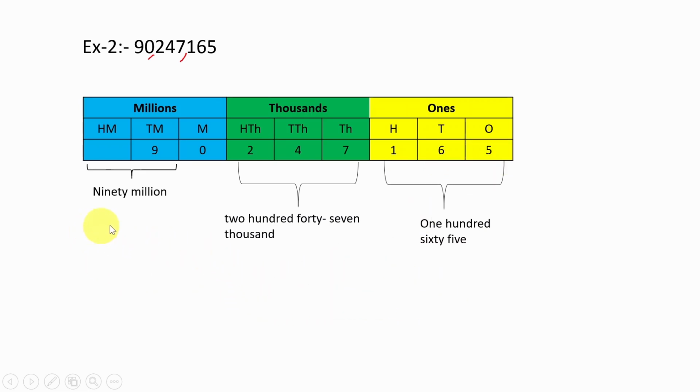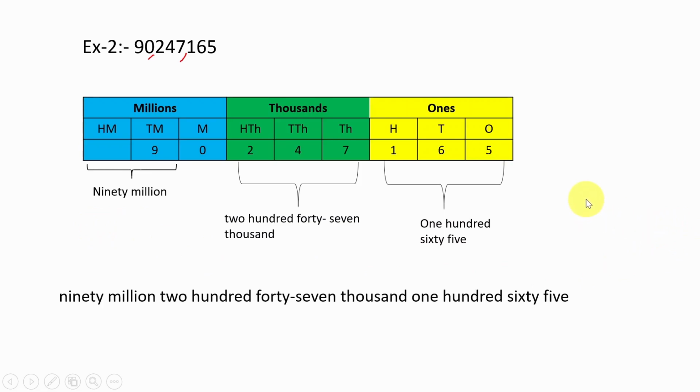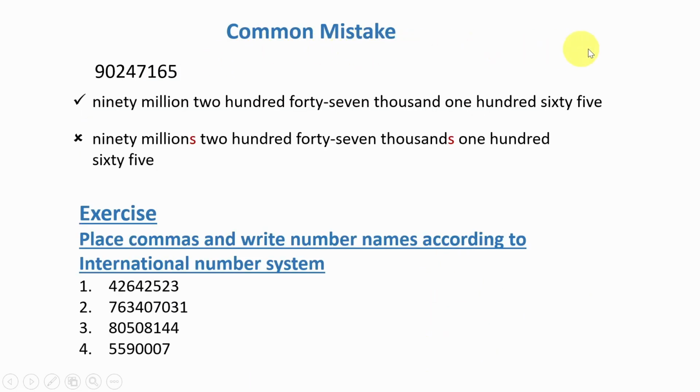So the final number name is 90 million 247,165. 90,247,165. This is also a common mistake done by the students regularly.